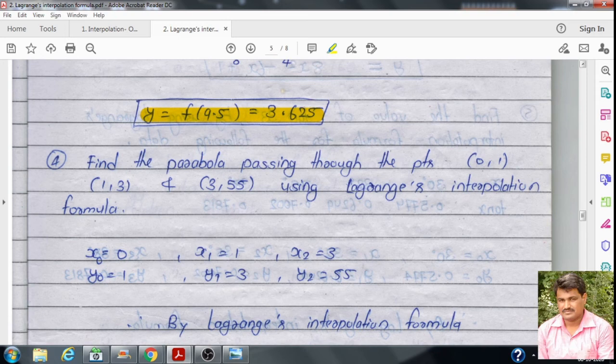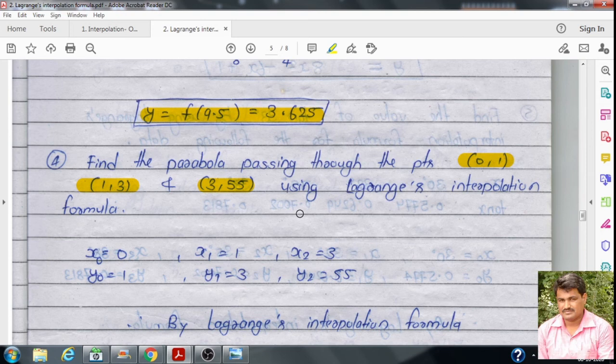This problem is represented in a different way, but we go the same way and determine the solution. Here the question is: find the parabola passing through the points (0, 1), (1, 3), (3, 55) using Lagrange's interpolation formula.